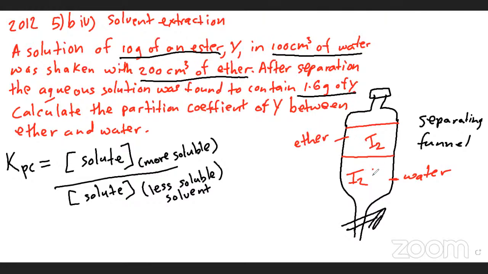So that means you would have started out with the ester in the water. That means you would have added the ether to the separating funnel and shaken it up. And you added 200 cm cube of ether.